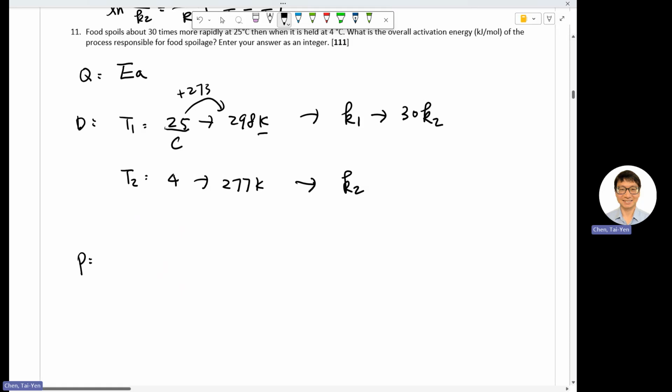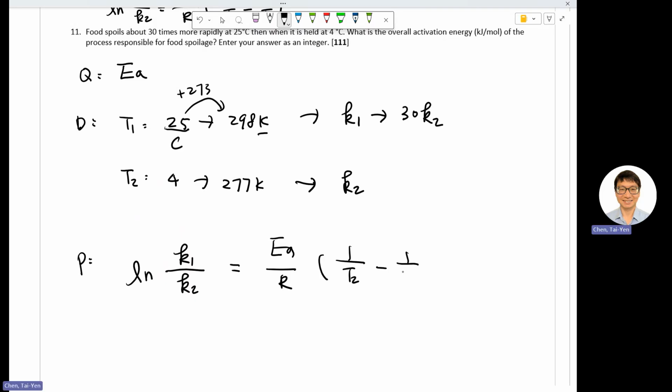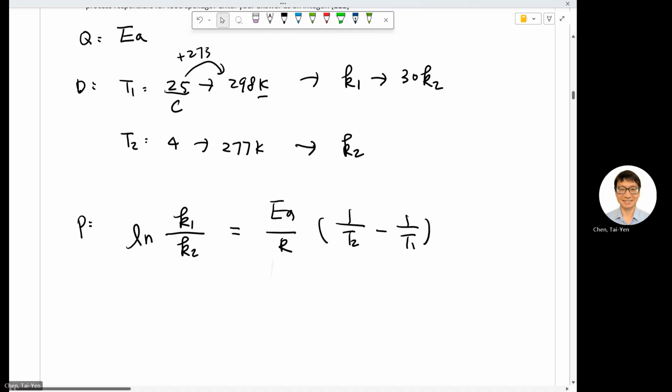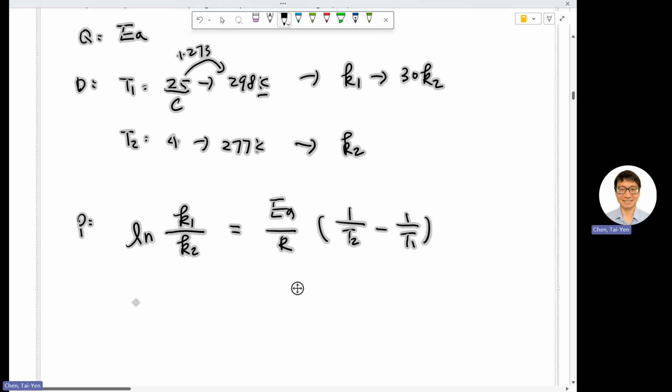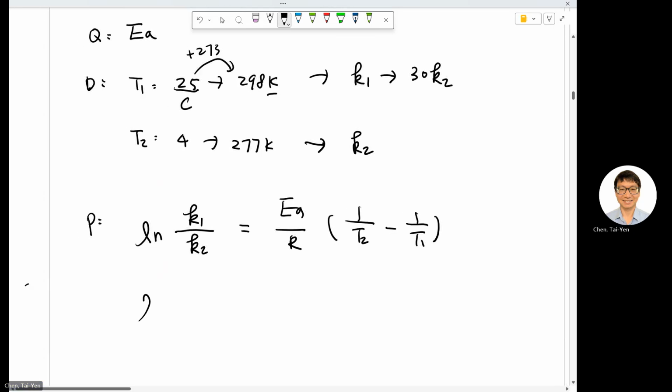Okay, I'm going to show you now. The equation you're going to use is this: natural log of K1 over K2 equals EA over R times 1 over T2 minus 1 over T1. When you write this out, your K1 is actually 30 times your K2, and your K2 is still K2, even though you don't know the exact numbers.